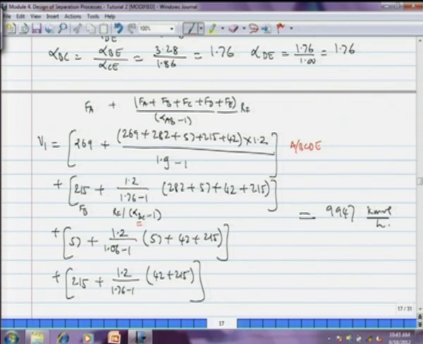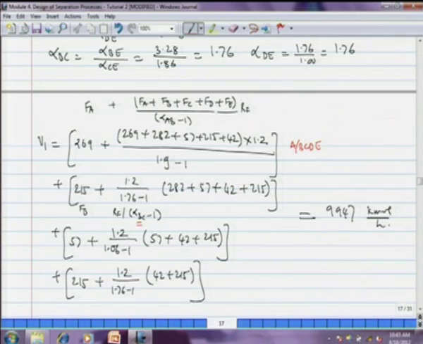Remember this thing very thoroughly, that whenever you are splitting between adjacent components, you have to take the relative volatility between those components and not the volatility which has been given to you. The volatility which has been given to you is with respect to the heaviest component.